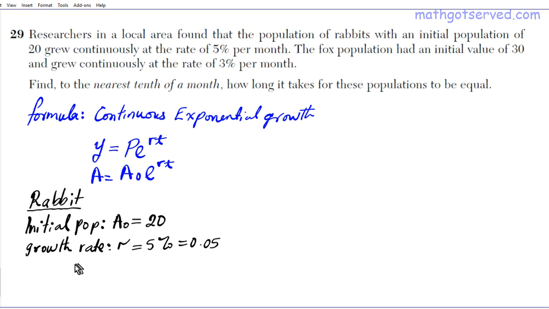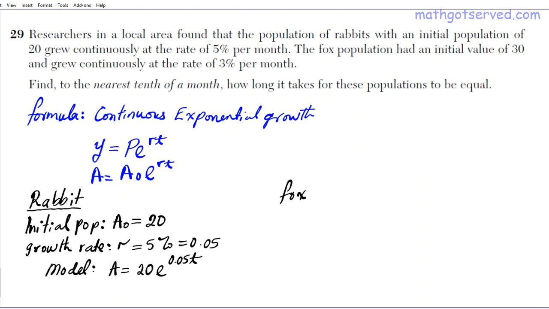So the model is going to be final amount equals initial amount, e to the 0.05t. Alright, so that's for rabbit.